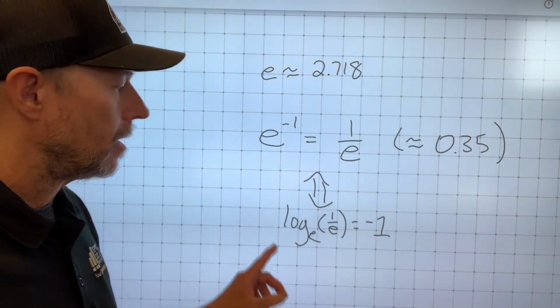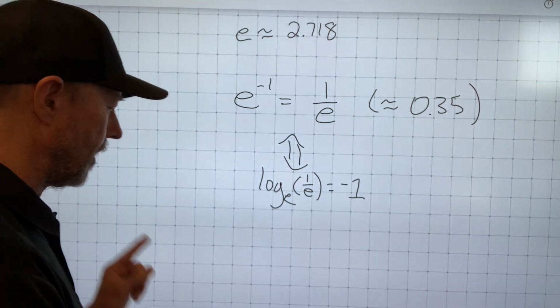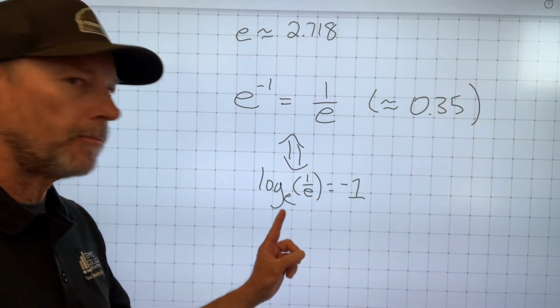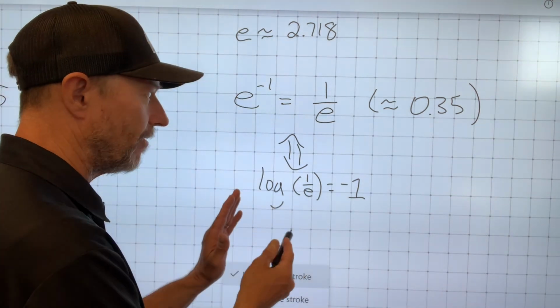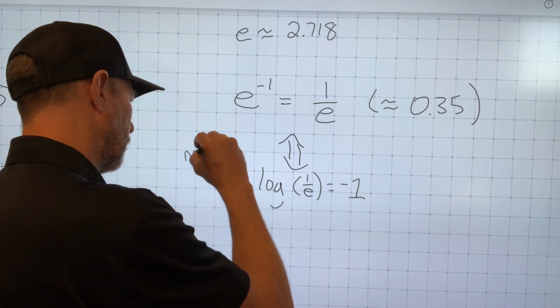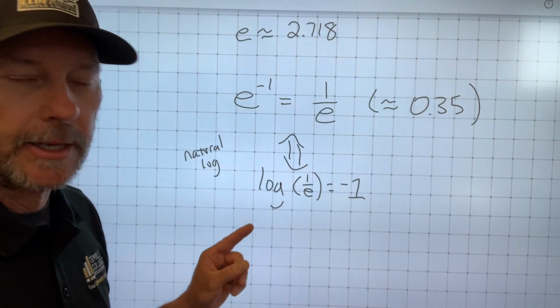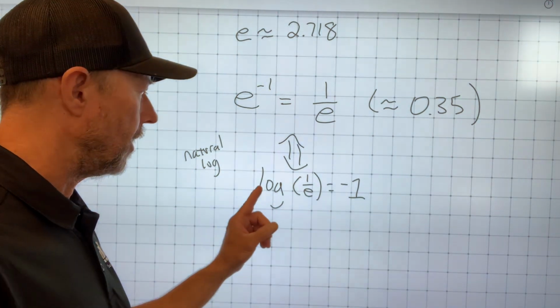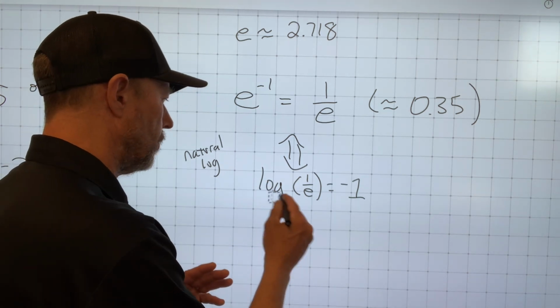However, books tend to not write the e, sort of like we don't on the 10. And like I said before, some books use just this notation, the log, to refer to what's called the natural log. This is called the natural log, and you learn why that terminology comes out in calculus. Some books use this notation, but most don't.